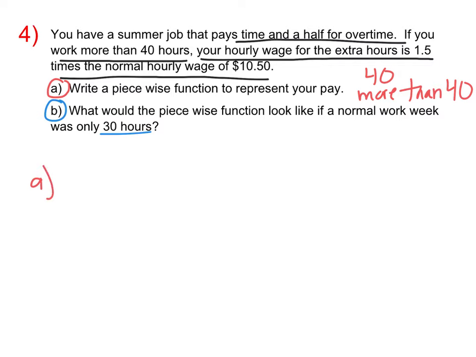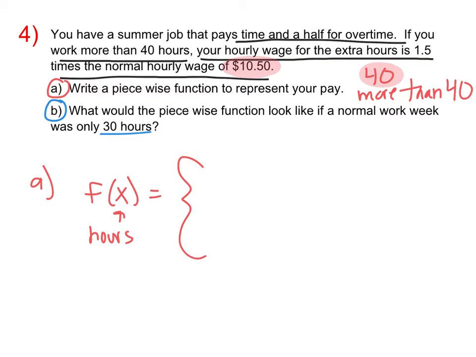All right, so for letter A, we're going to write a function. So I'm just going to start f of x. We'll use x for hours. Okay. And we said there's going to be 2 categories. If we work up until 40 hours, we'll get 1 pay. We'll get our regular pay of $10.50.